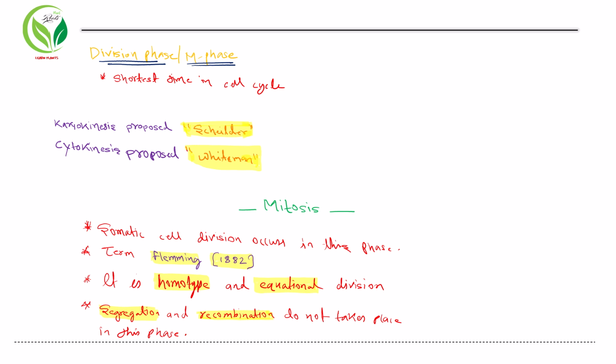And now we have to learn mitosis. What is mitosis? First, what is mitosis? Mitosis refers to spindle-using nuclear division, and it produces two identical daughter nuclei from the parent nucleus.